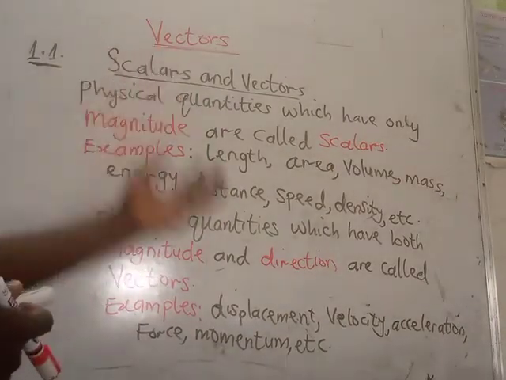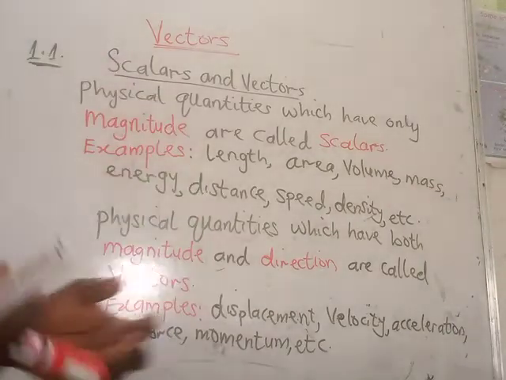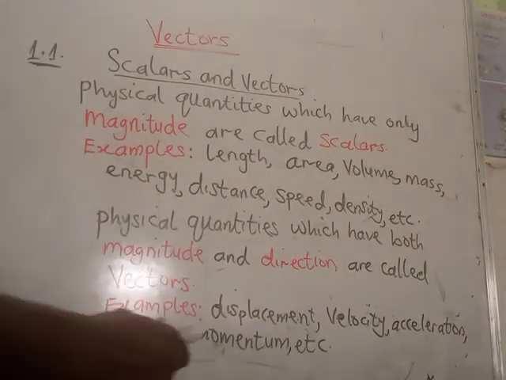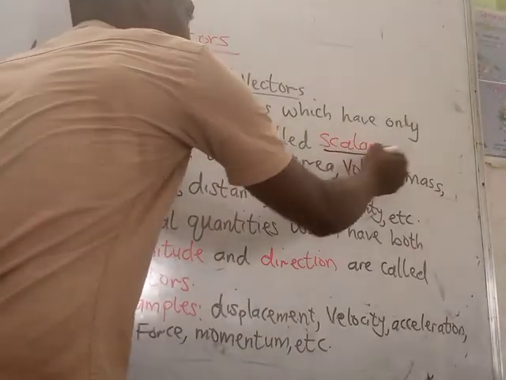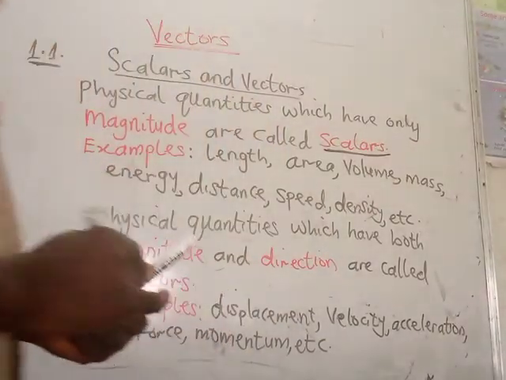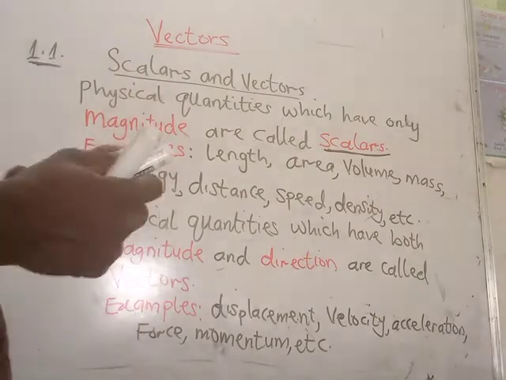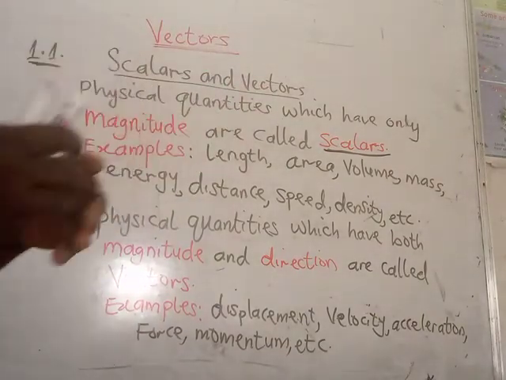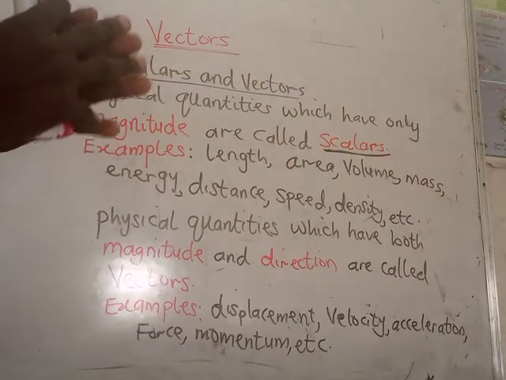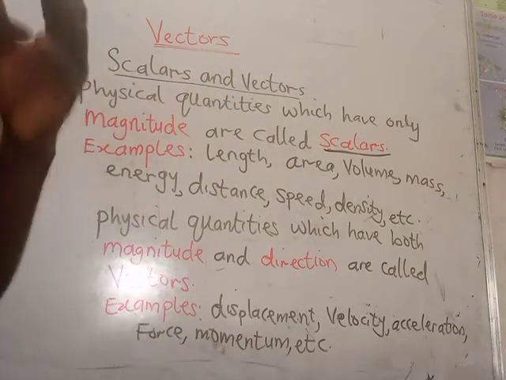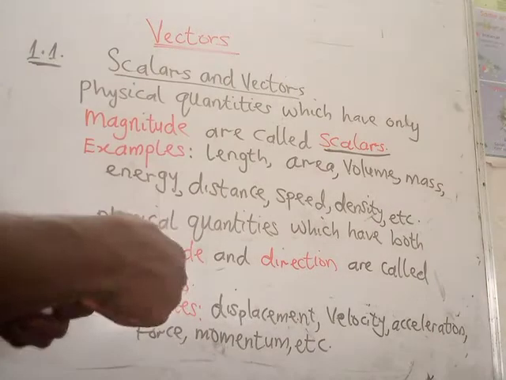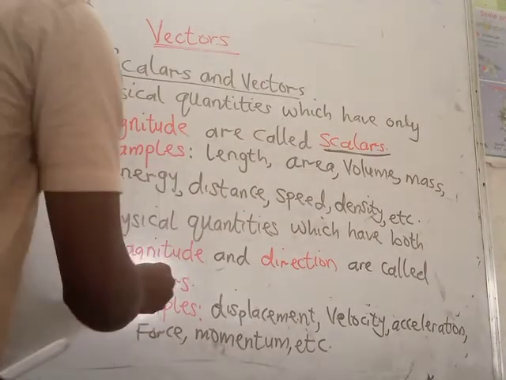You can only measure their size or magnitude. Such physical quantities are referred to as scalar quantities. On the other hand, quantities which can be described in terms of their magnitude as well as direction are referred to as vector quantities.